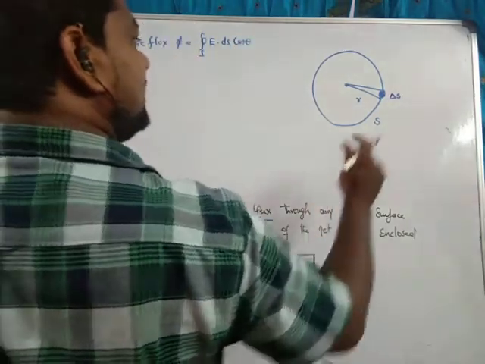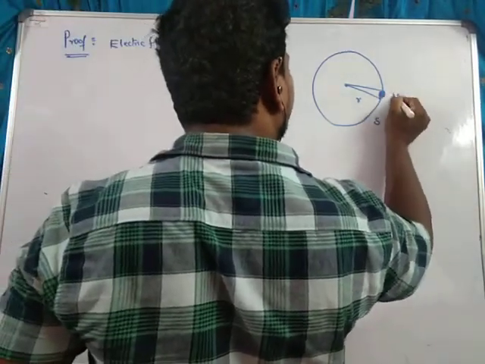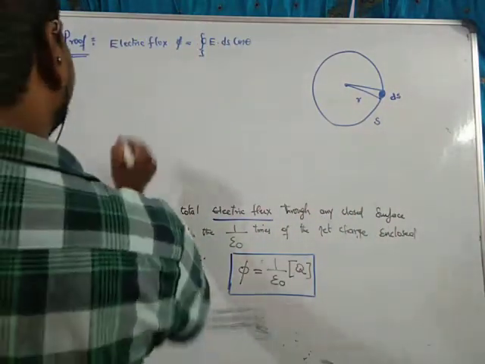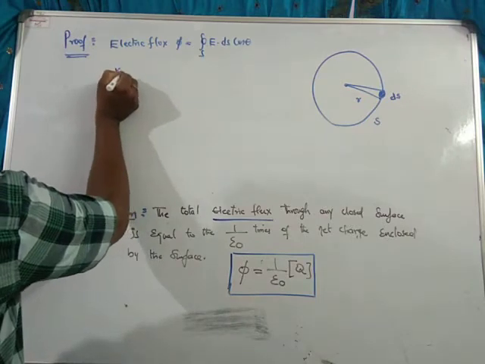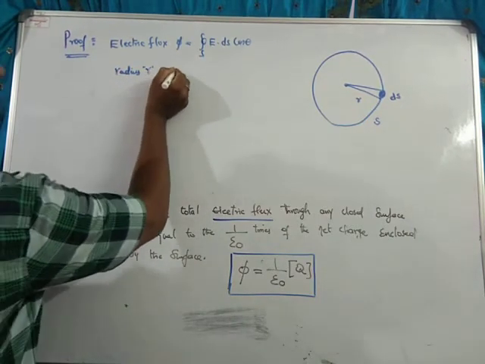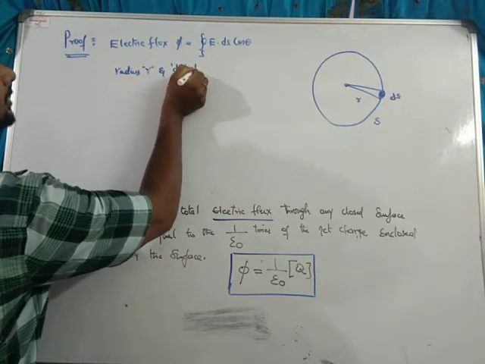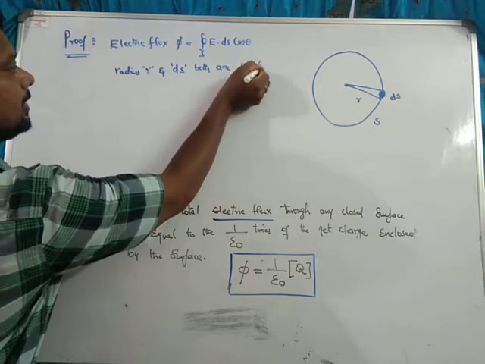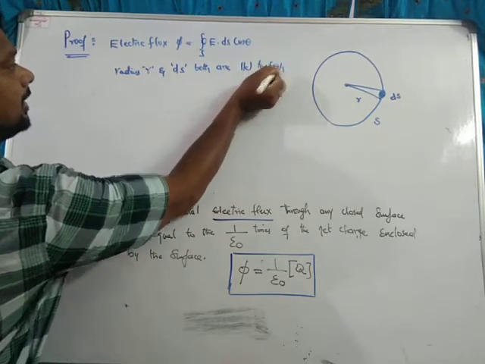For the surface integral, either we can represent delta S or ds, both are the same. Here the radius R and the small element ds are parallel to each other.